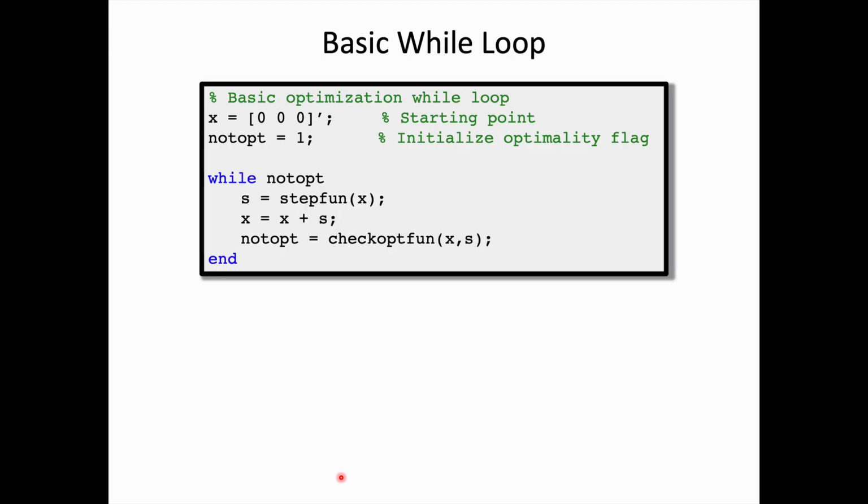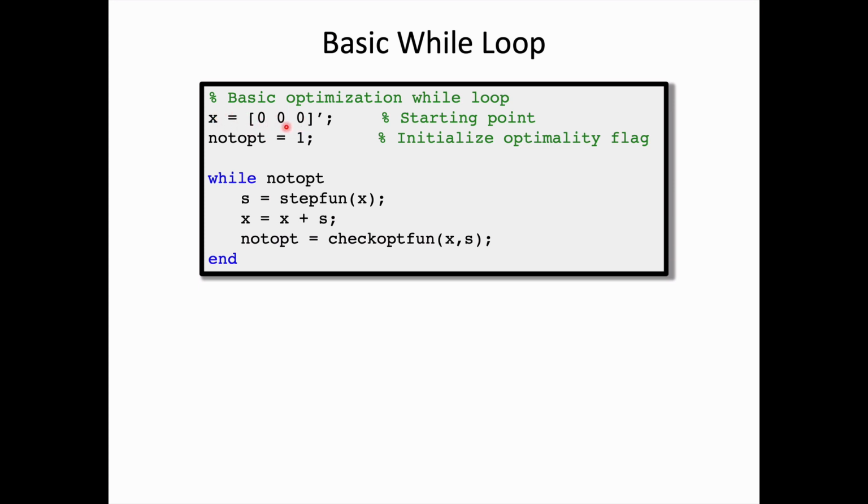Let's have a look at while loops. Here's a basic while loop that could form the basis of an optimization algorithm. And most of the search strategies, the optimization methods that we're going to be working with in this class require what's called a starting point. And so here I'm just specifying the origin.